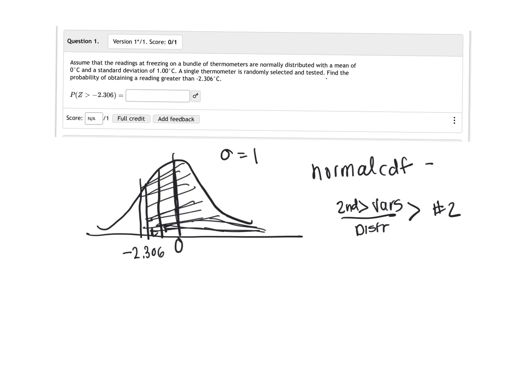I just put a 1 with a whole bunch of zeros there is fine. Mean is 0. Put a really big number with as many zeros as you can handle.